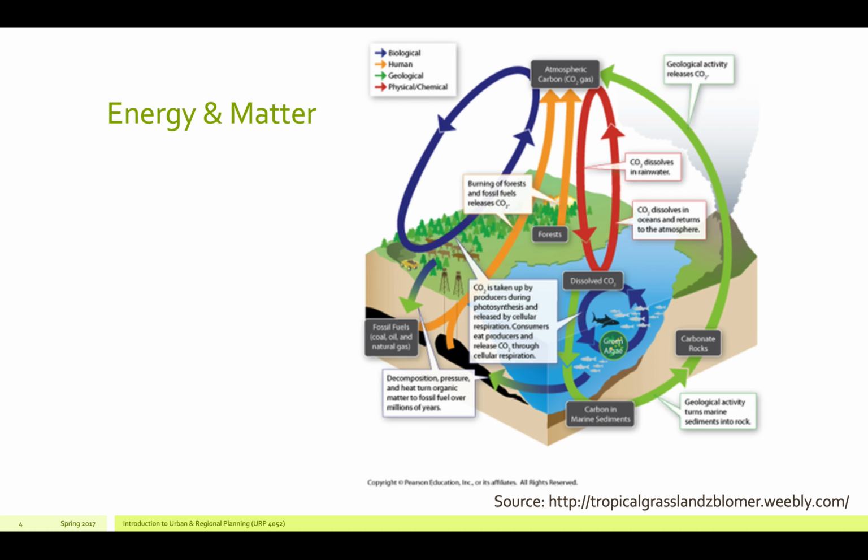It can't be created, it can't be destroyed, and it consists of elements which are made up of atoms, which cannot be broken down any further by ordinary means. Now, thermodynamics is the study of the transformation of energy. In any system, though, the energy that comes in must equal the energy that goes out.